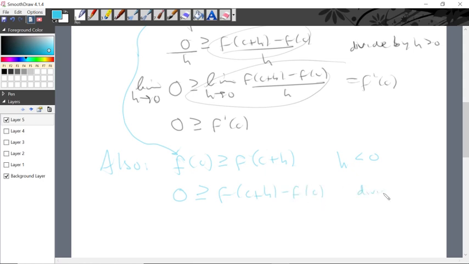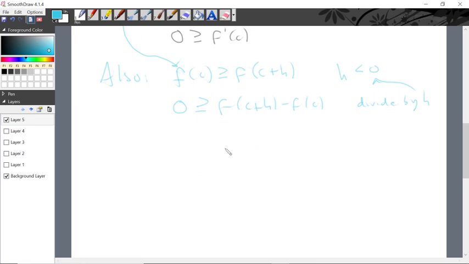Now divide by h. But now we're dividing by a number that is less than 0. What happens in an inequality when we divide by a quantity that is less than 0? We divide both sides by a negative number, so we have to flip the inequality symbol over like that.